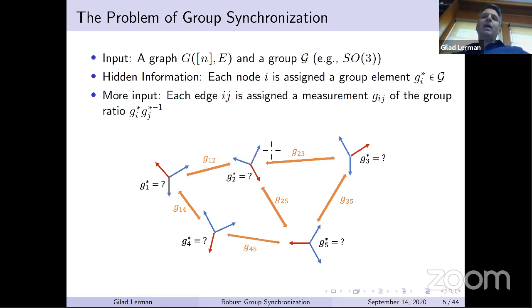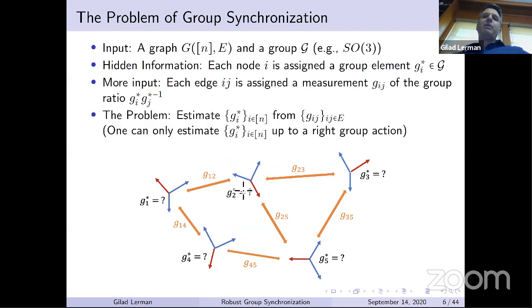Generally, the relative group elements, or what we call the group ratios, given two elements gi star and gj star, is gi star gj star inverse. This is the group ratio. We have measurements of these. So in the case of rotations, we have measurements of relative rotations, and we need to figure out the underlying rotations.